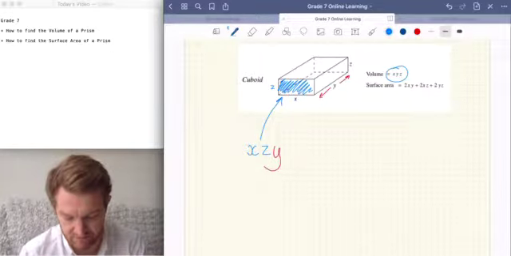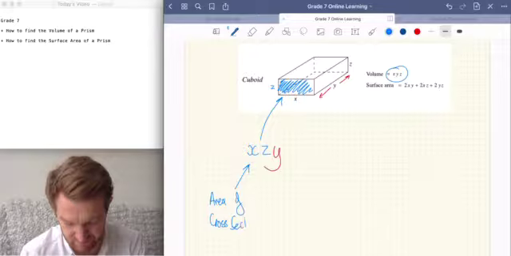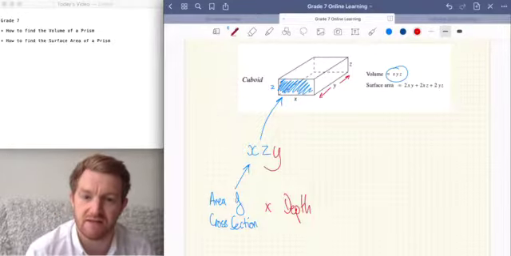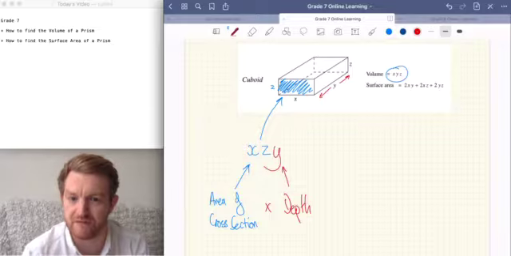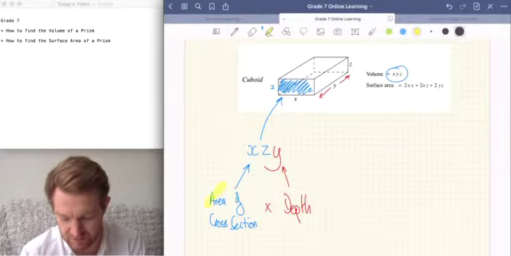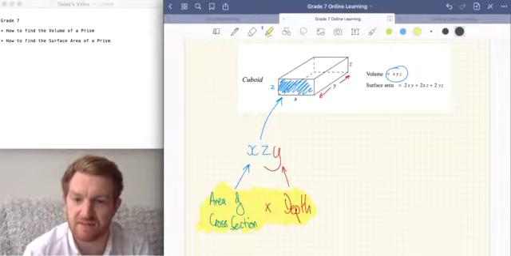So the xz is the area of the front, or the cross section, which is what we call it in maths, and we're multiplying that by the depth, the projection in 3D. And again, we did talk about this in more detail in the previous video. Now this is the formula that I want us to use today, because this formula is a bit more general.